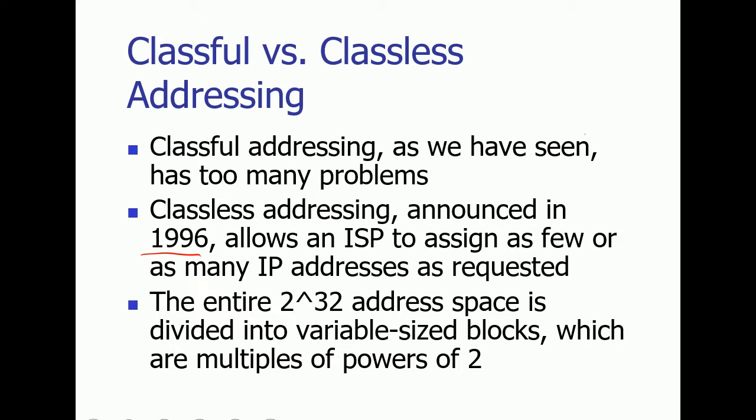They will give the starting address, the end address, and the total number of addresses, because a block consists of what? Starting address, total number of addresses, and last address, right? Someone who asks for a different number of addresses will be allotted on the basis of their requirement. And these blocks are multiples of a power of 2, which you will understand in coming slides.